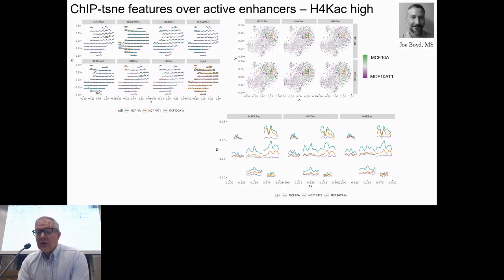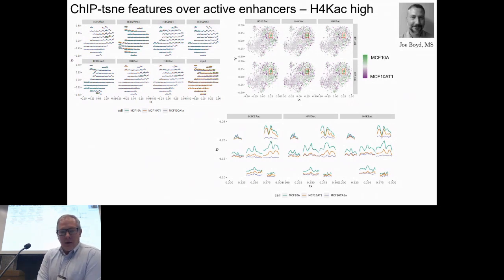And the clustering of these patterns, these features are driven by the signal of multiple marks. And what we can see when we look at this, this tool allows us to explore and interact with the data. And we're currently developing it into a Shiny app to be able to use this to represent a reduced epigenome and study many different modifications at the same time.